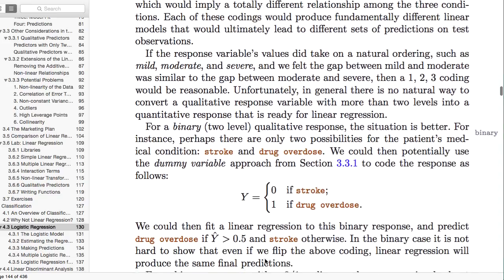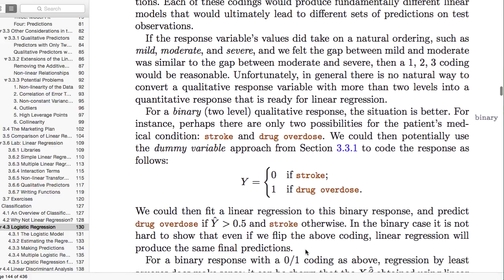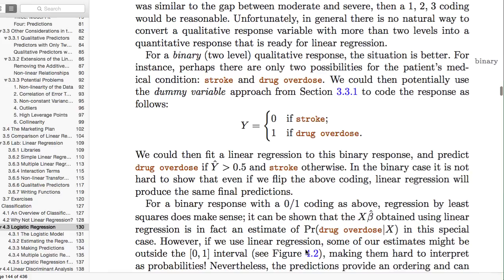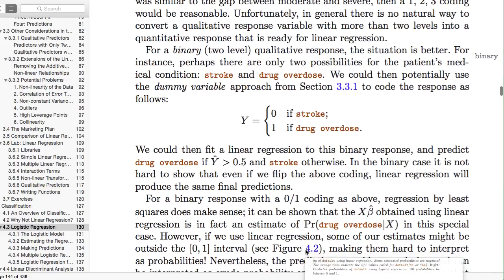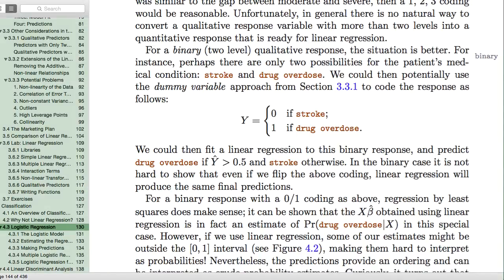And in linear regression, we can do this, and we'll get exactly the same result. So what we're effectively doing is checking, excuse me, we're modeling the probability of drug overdose.